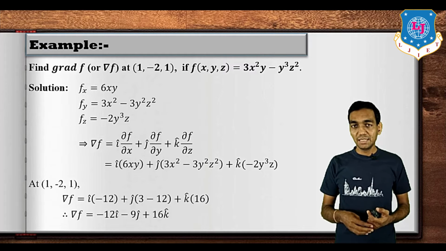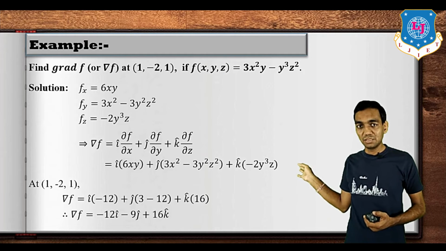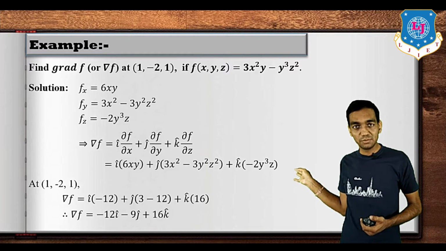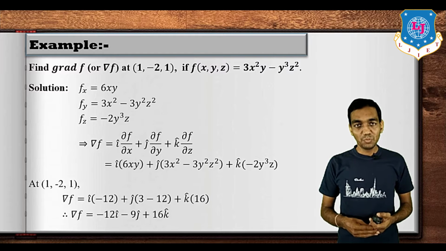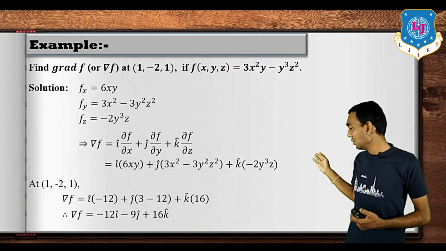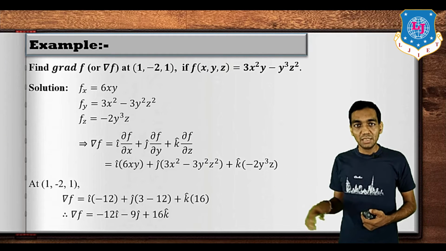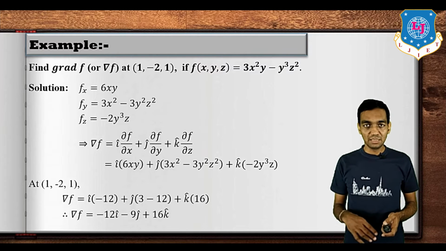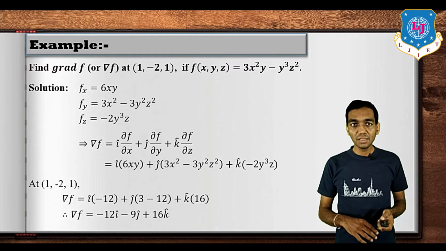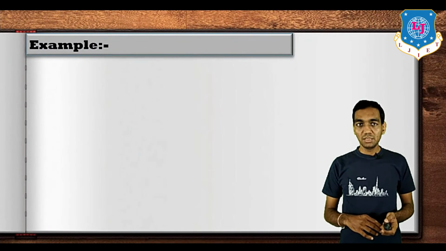So if you simplify it, you will have i into -12 plus j into (3 minus 12) plus k into 16. And after simplification, you will have grad f at the point P is -12i minus 9j plus 16k.